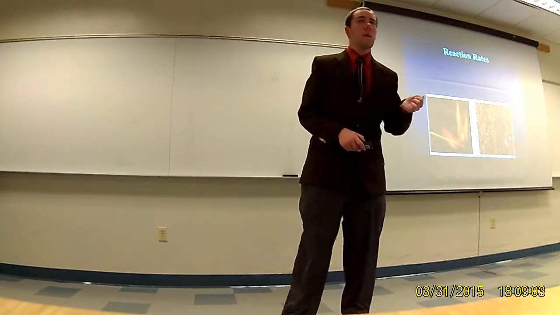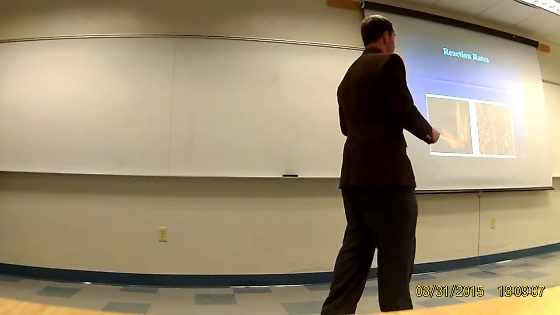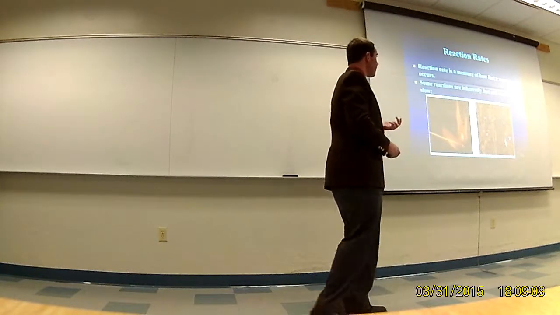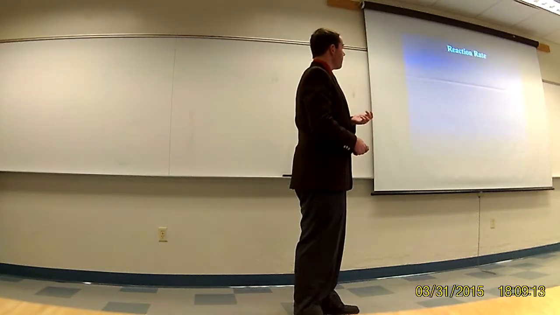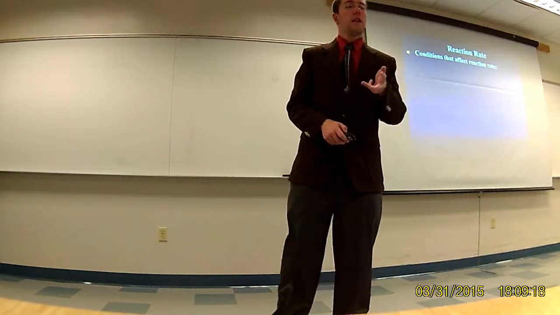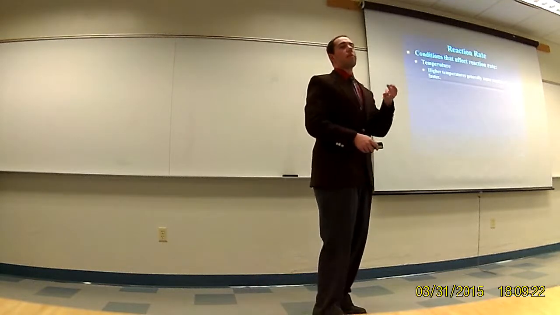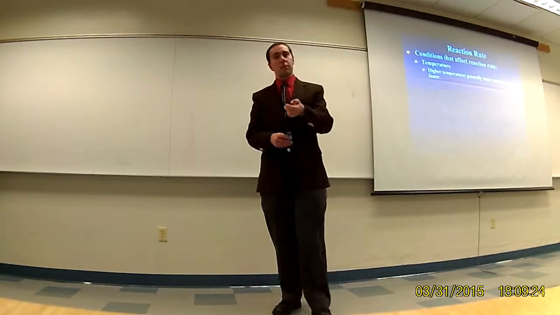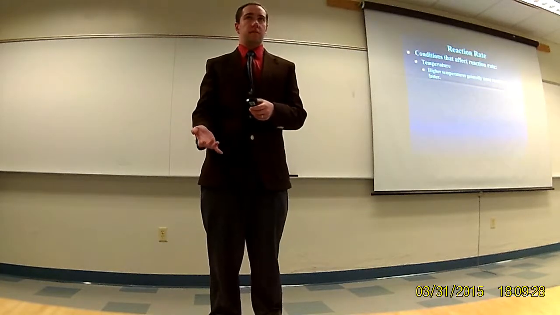So we have to figure out what determines how fast a reaction goes. Why is this one fast and that one slow? There are several things that determine how fast a reaction goes. The most obvious one is temperature. You probably realize if you heat something up, it's going to react faster.